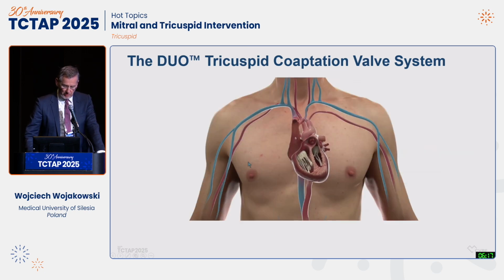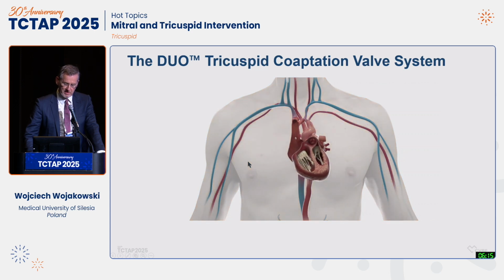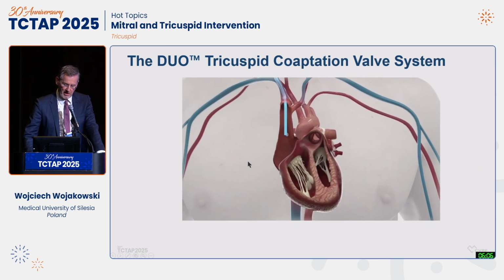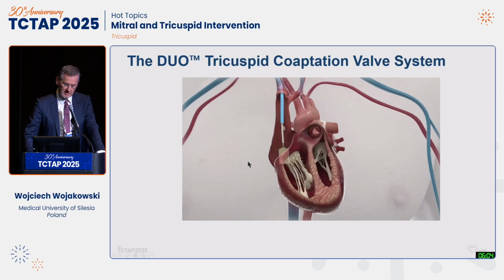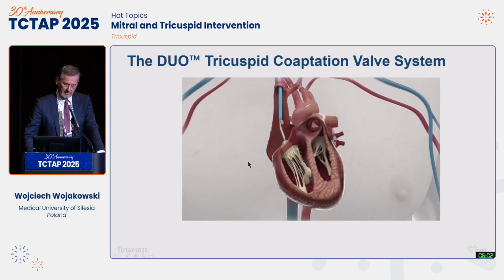So this is a short video of how this valve works. This is a transjugular 26 French dry seal. Then this 22 French system is introduced. The valve is unsheathed, the stent opens, and then we position the valve using different knobs.